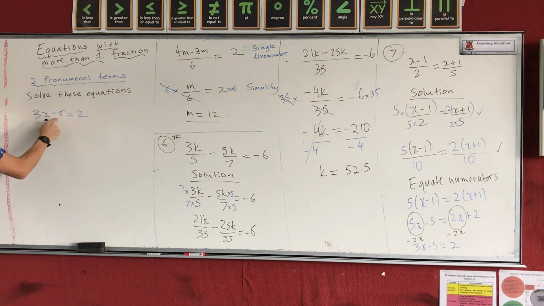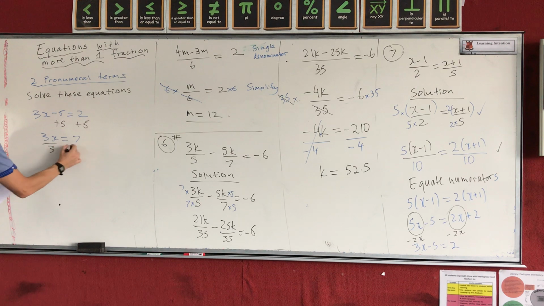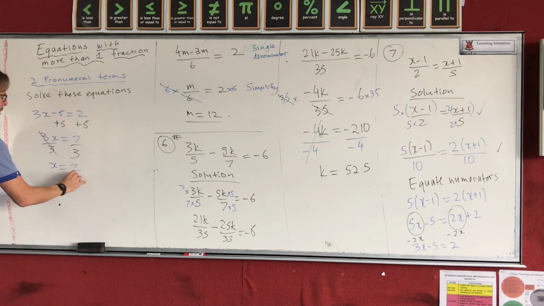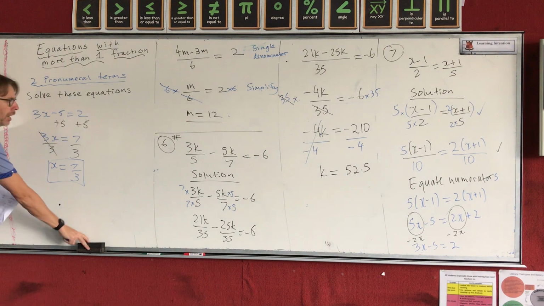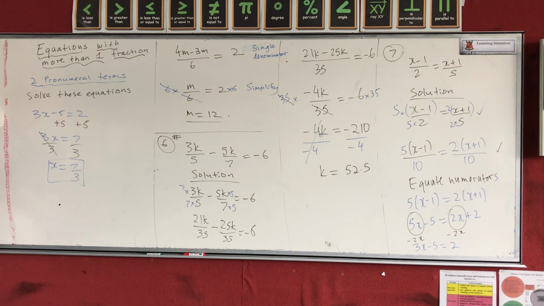Right, get rid of the minus 5, it's on its own. Add 5 to both sides. That gives you 3x equals 7. And then divide both sides by 3. That gives you x equals 7/3. Okay, there we go. Right, double checking that's correct. Now, copy all of that down.